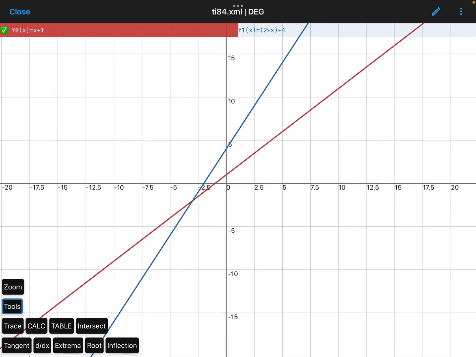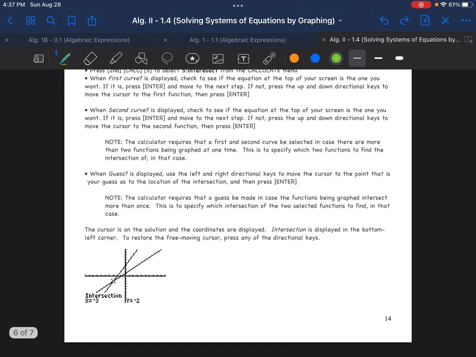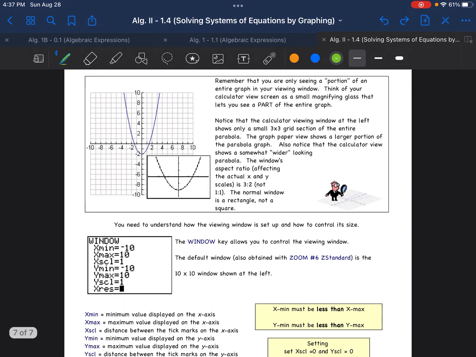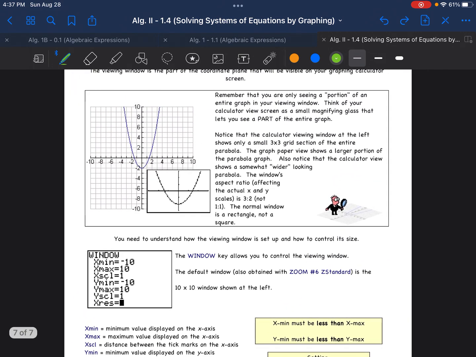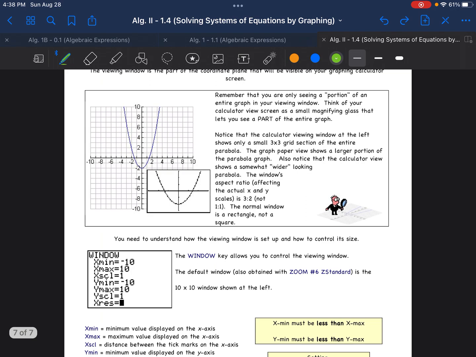And if you have the actual calculator, the instructions that you're given in this sheet will tell you how to zoom as well. And I'll go to those right here. So you hit the zoom button and then go through the options.